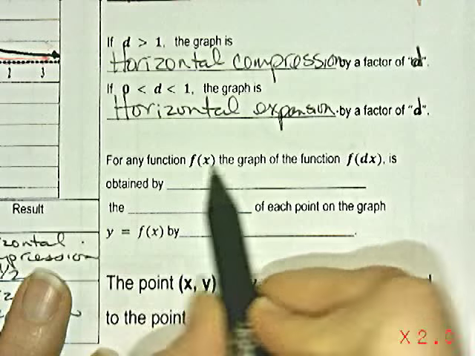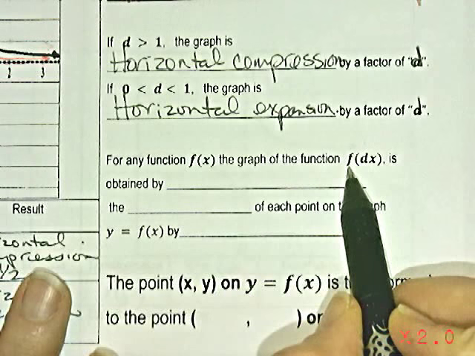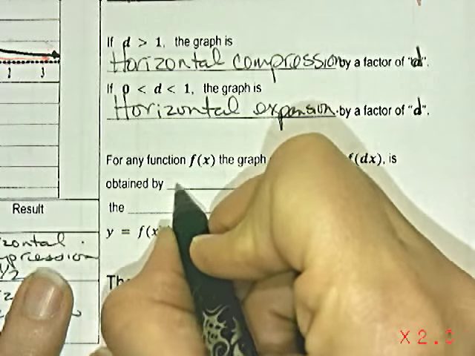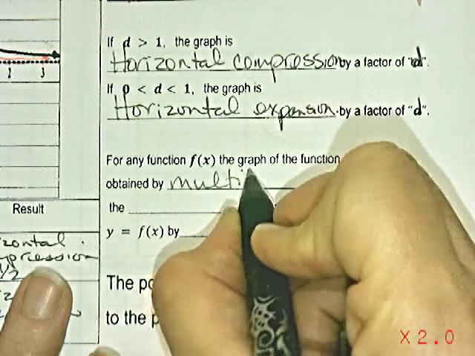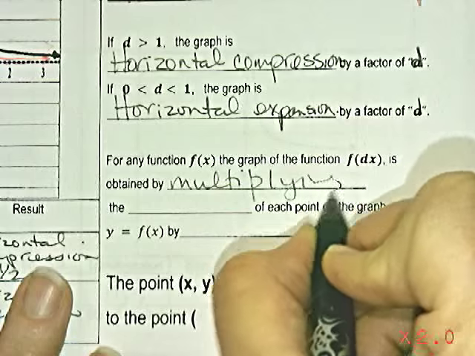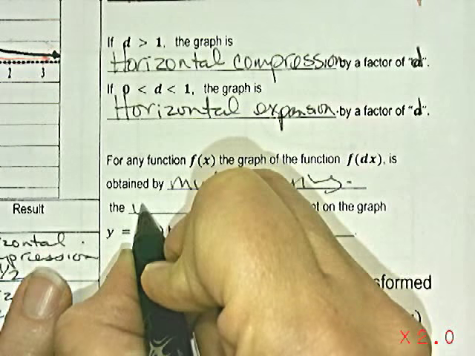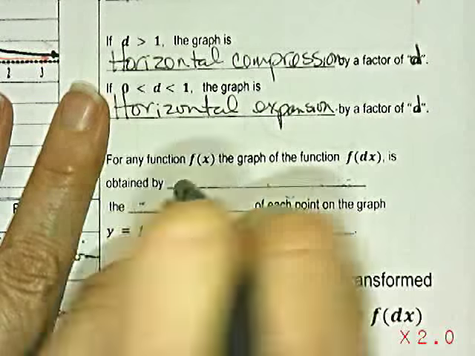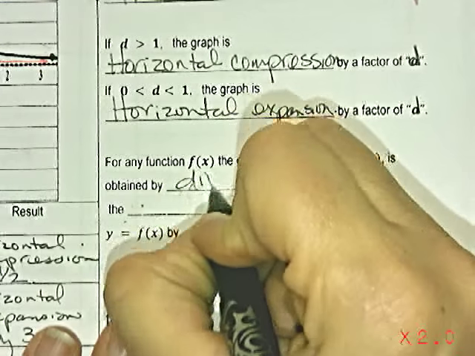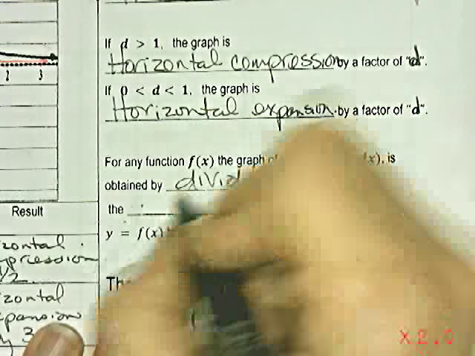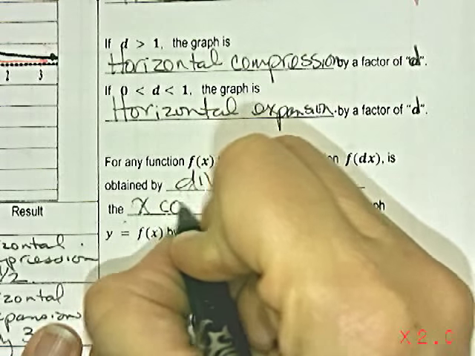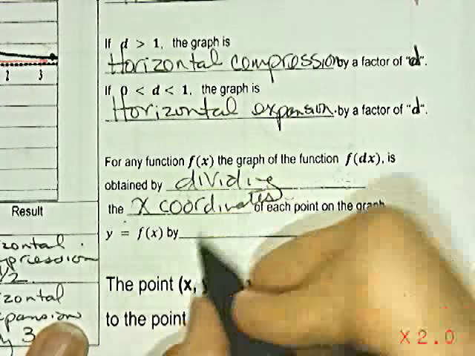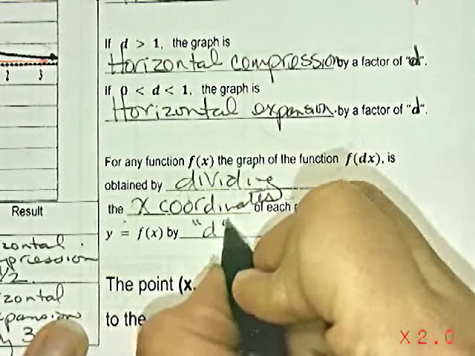For any function, the graph of my function with a d value in it is obtained by dividing, oh, seriously, folks, I apologize, dividing the x coordinates of each of the points by the d value.